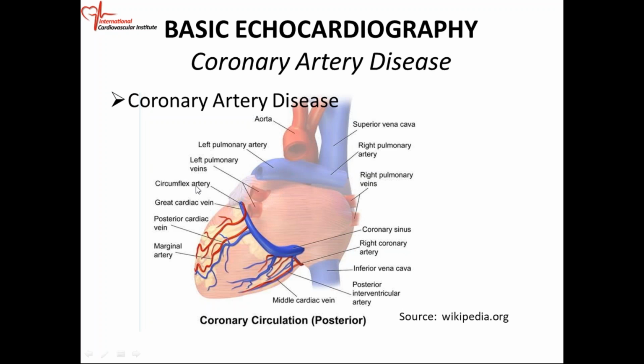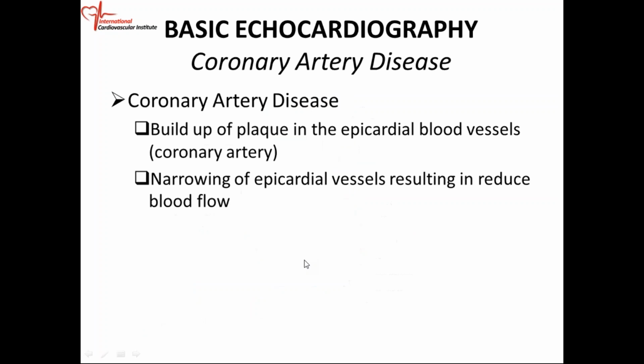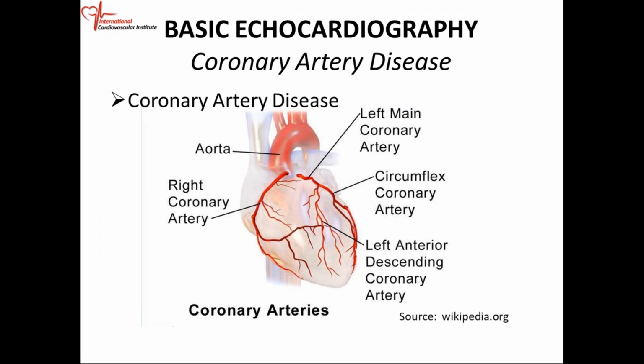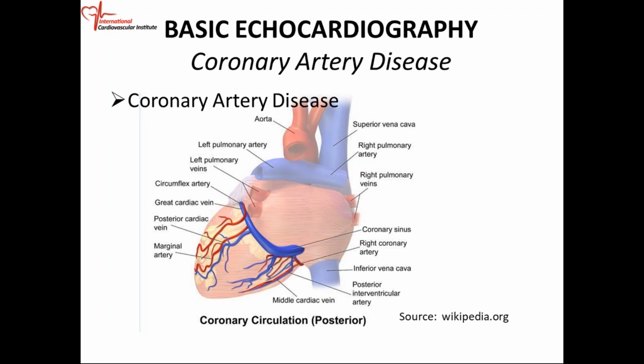As we had pointed out before, on the back of the heart, the circumflex loops around the back of the heart, and the right coronary artery also goes around the back of the heart where you have the PDA and the lateral branch.